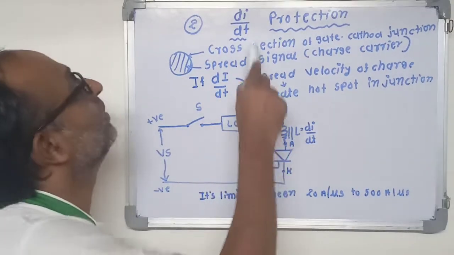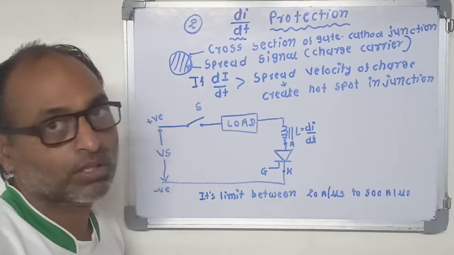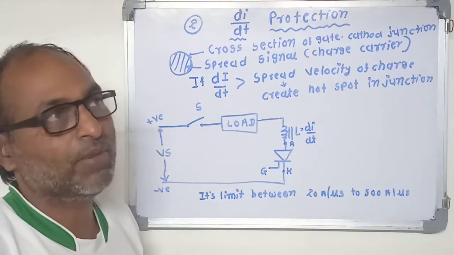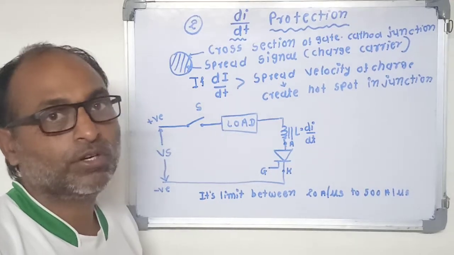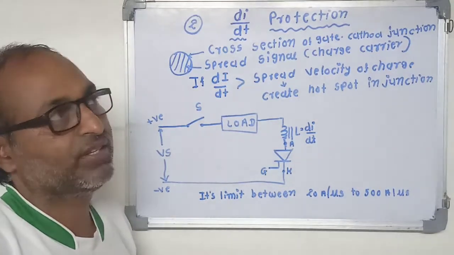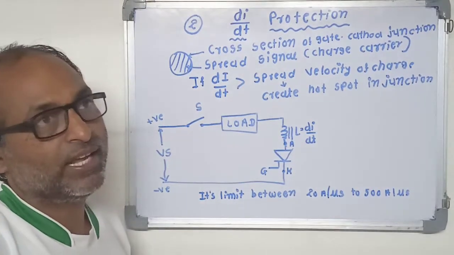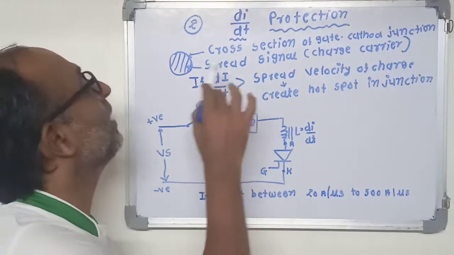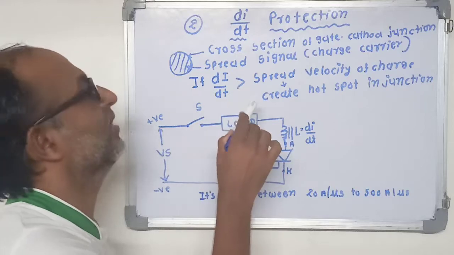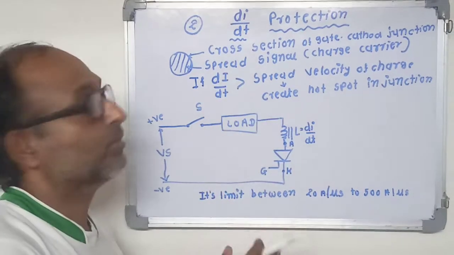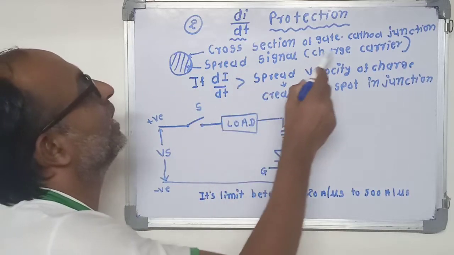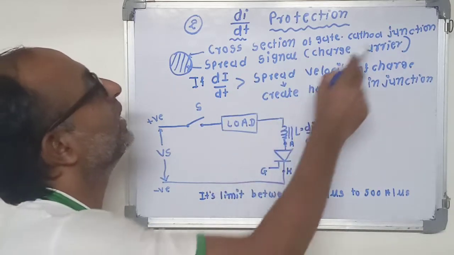Second, dI/dt protection of the SCR. When the thyristor is forward biased and turned on by a positive gate signal, anode current flows. This anode current, or the charge carriers, requires some time to spread over the whole cross-section area of the gate-cathode junction.